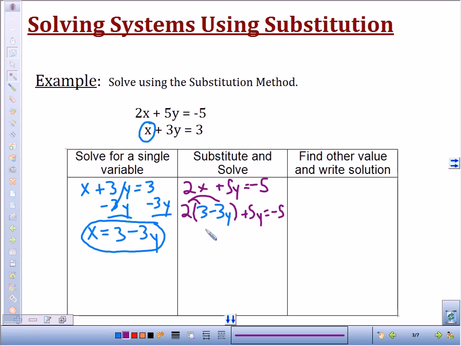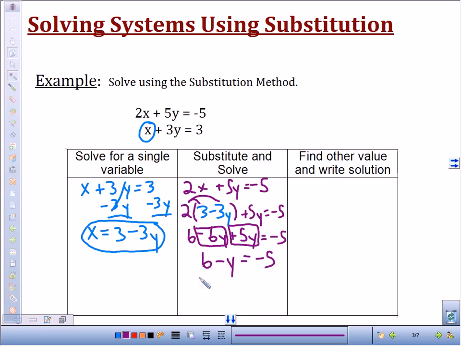I start by distributing. 2 times 3 is 6, minus 6y plus 5y equals negative 5. I can combine negative 6y and positive 5y and get negative 1y. So 6 minus 1y equals negative 5.